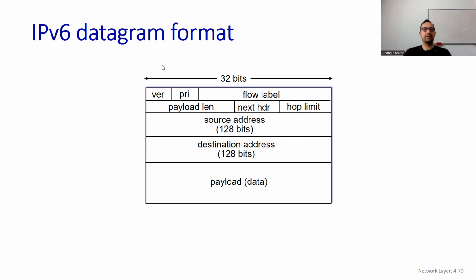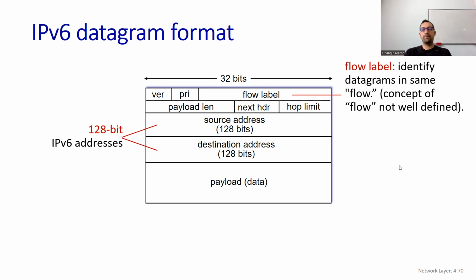As you can see, the IP version 6 datagram format is a little bit simpler than IP version 4. Now the source and destination addresses have 128 bits. The flow label, as I mentioned, is used to identify datagrams in the same flow, and the concept of flow is not well defined.